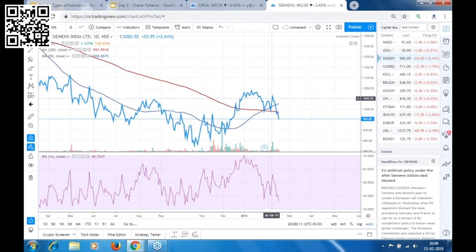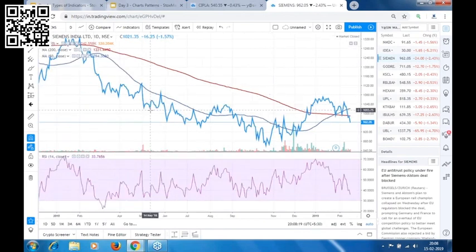So whenever you want to look for divergence, please change your chart to line charts, and then you can look for your negative divergence and bullish divergence.